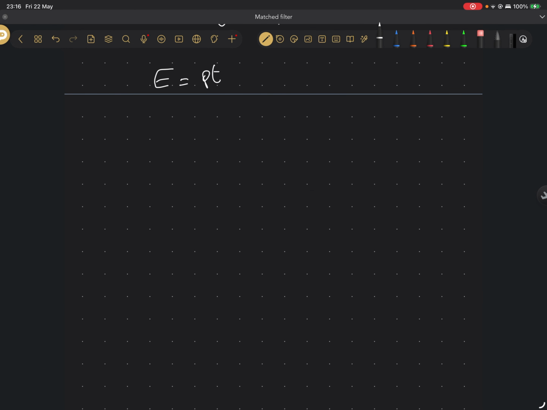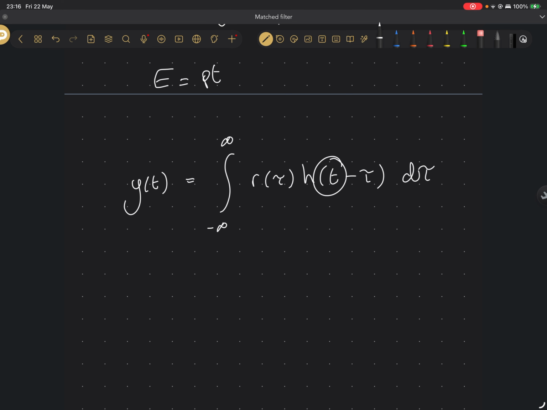Now the formula of convolution is y of t is equal to the integral from minus infinity to infinity of r of tau multiplied by the impulse function shifted by tau with respect to tau. Now what is t, what is tau? Both are variables of time. They are two separate variables of time. Tau is just a convention used for bookkeeping. It's just a separate way of saying time because t is already taken, as you can see here.